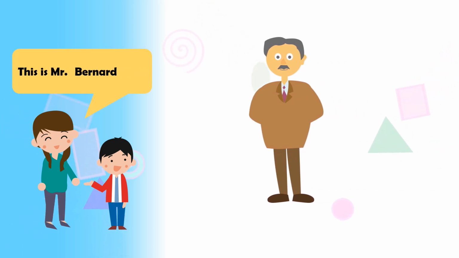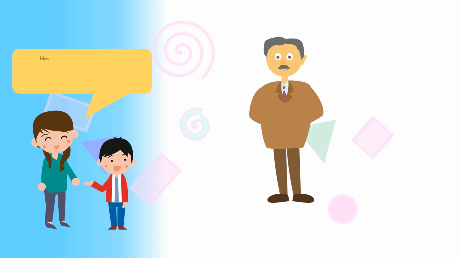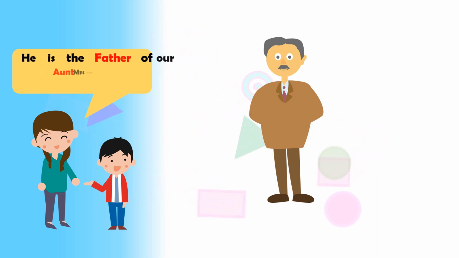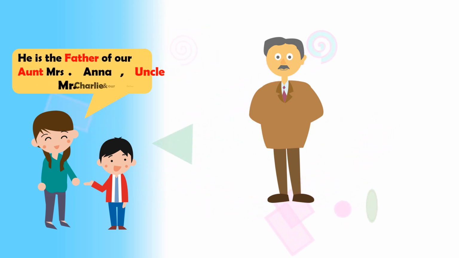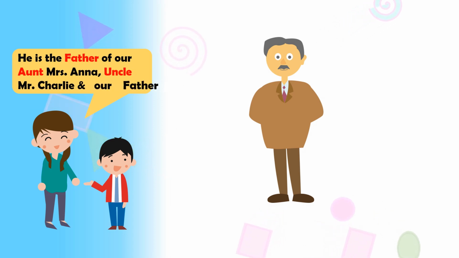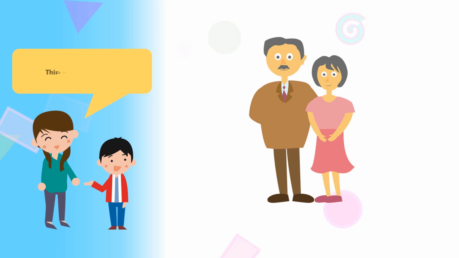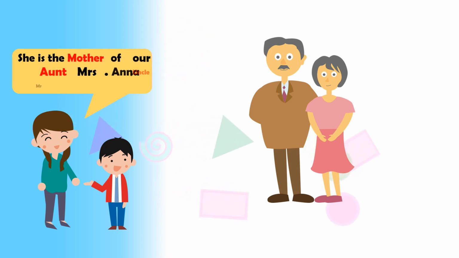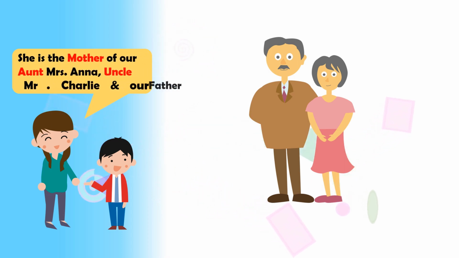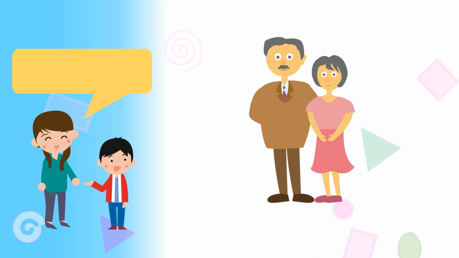This is Mr. Bernard. He is the father of our Aunt Mrs. Anna, Uncle Mr. Charlie, and our father. This is Mrs. Linda. She is the mother of our Aunt Mrs. Anna, Uncle Mr. Charlie, and our father.